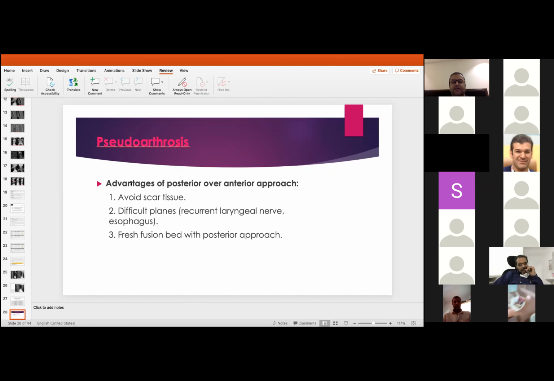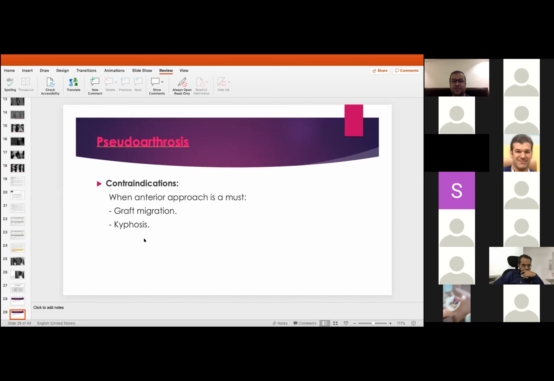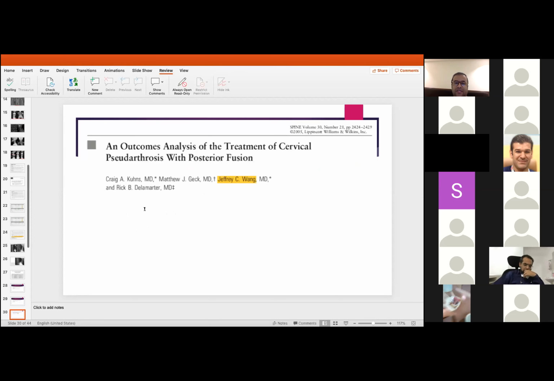In the setting of having an anterior failed approach, and after making the alignment reasonable, as well as the plate and the graft has not subsided, then your way to go is a posterior over anterior, because you'd like to avoid the scar tissue if you go anterior, difficult planes, recurrent laryngeal nerve and esophagus injuries, and also going posterior will give you a more fresh fusion bed. It's contraindicated to go posterior when the anterior approach has some element of migration of the graft as well as kyphosis.